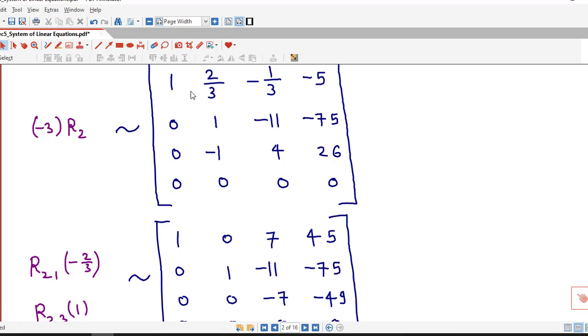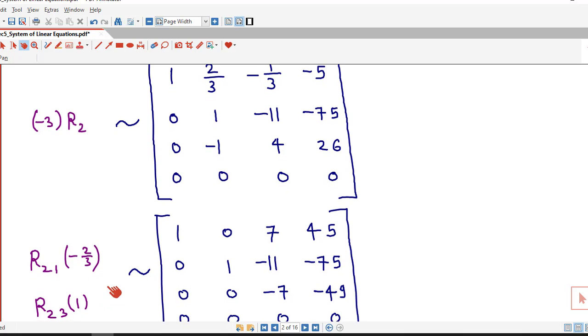To make this 0, we multiply second row by minus 2 by 3, and to make this 0 we multiply second row by 1 and add in third row. So next operation is multiplying second row by minus 2 by 3 and add in first row, multiplying second row by 1 and add in third row so that we obtain 0 here.